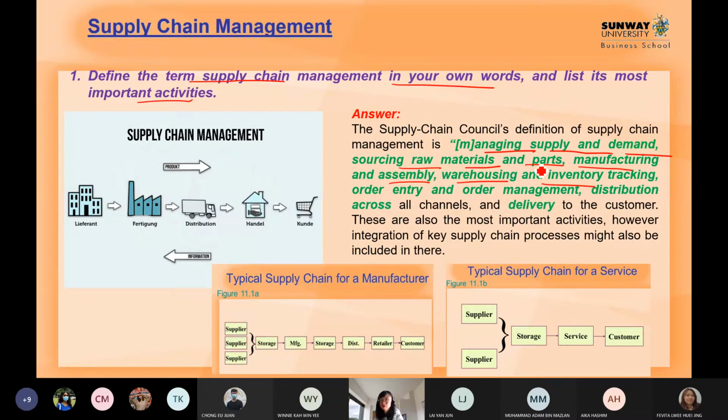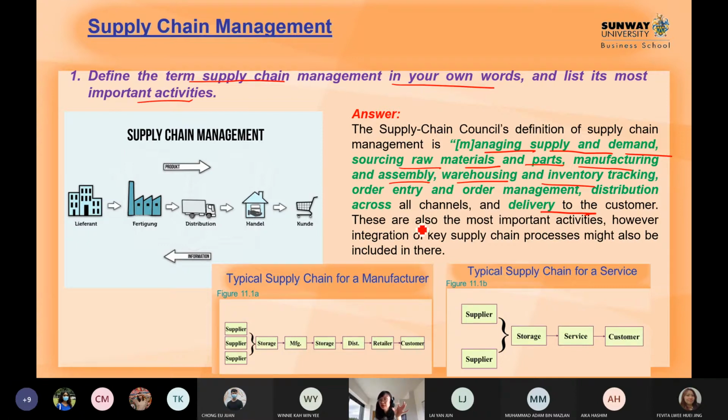You need to complete the whole cycle. Then you receive the money. Of course, you issue the invoice, you give the receipt. Then you receive the money after minus the costing. That is your profit margin.